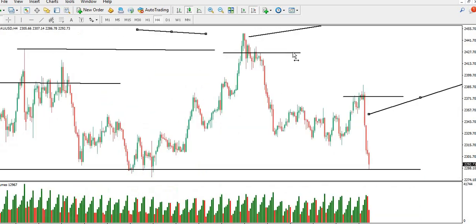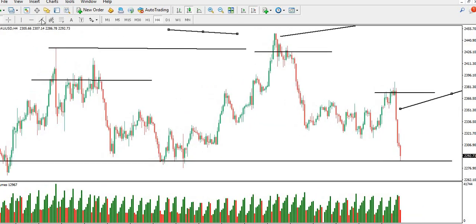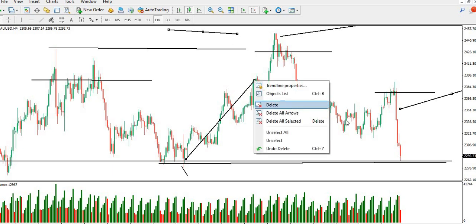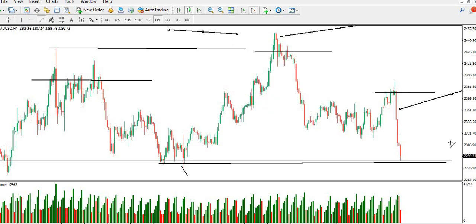So let's move to the lower time frame to see what is happening. Let me zoom it out a little. In the 4-hour time frame, we have this strong support area, because it has held the market several times, and it provided very strong support for the market to move to the upside. As we saw, the market has touched this support area. What can happen now?